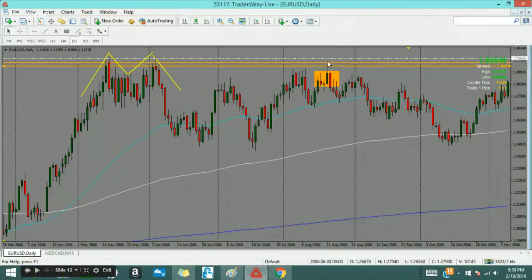It went up and it bounced back. It did not break it. That is why I say you can use this as resistance, because traders are trapped there. The market makers do not want to release them yet. Then it bounced back and started to drop.